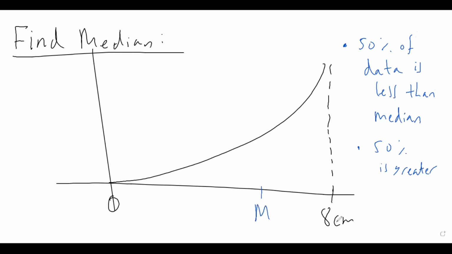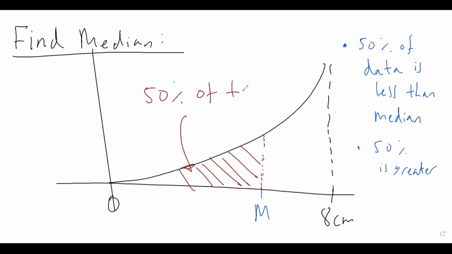So let's just say the median is there. So the median is the point on the x-axis which satisfies the condition that this area here is 50% of the total frequency. So that area there needs to be 50% of the total frequency.